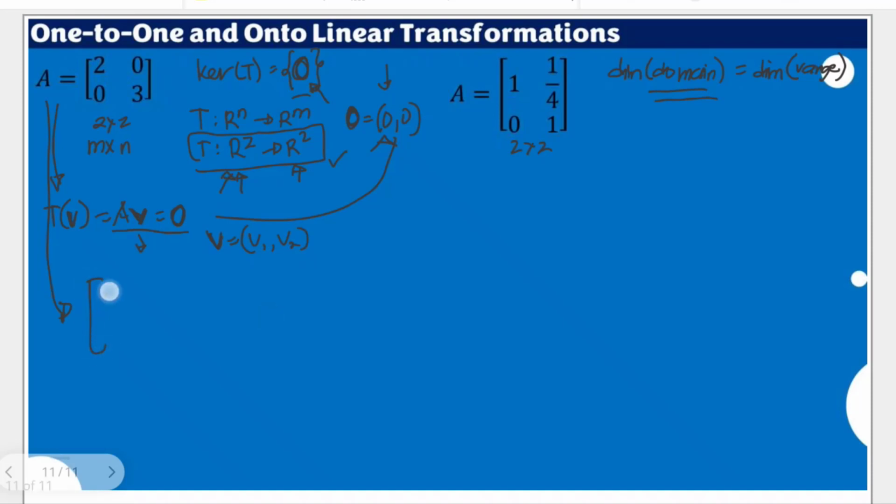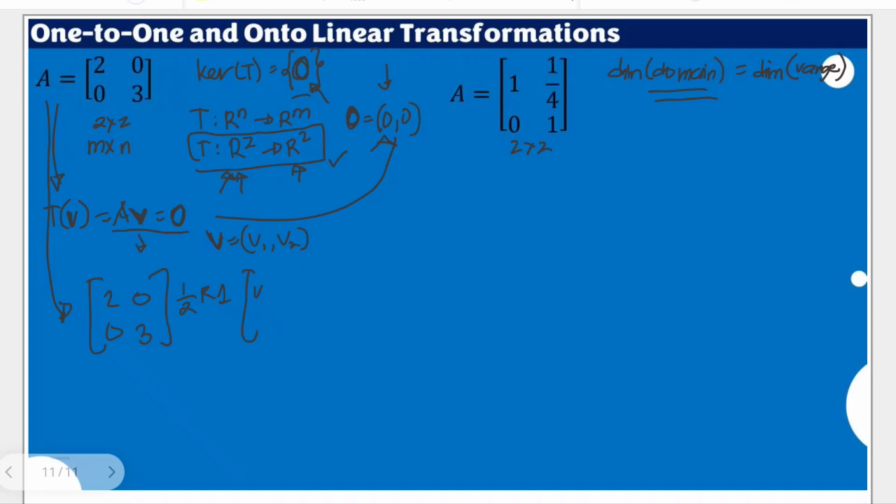We have here 2, 0, 0, and 3. We're going to multiply 1/2 to row 1. Why do we use the reduced row echelon form, even if we can automatically multiply 2 times v sub 1 and 3 times v sub 2, equate to 0, and solve for v sub 1 and v sub 2?